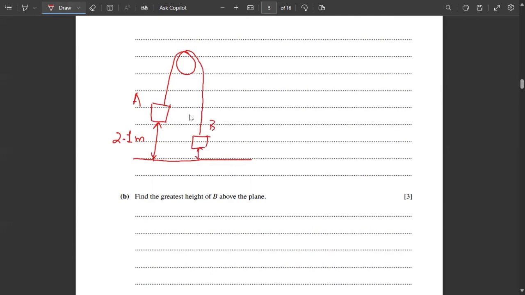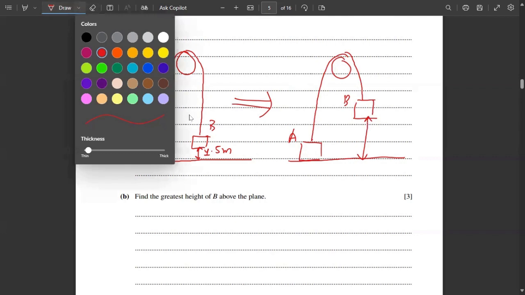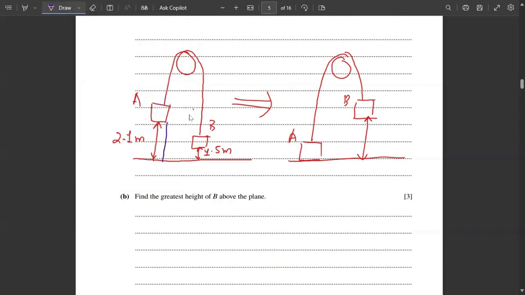B is 1.5 meter above the ground. And now what happens is A reaches down and B comes here. So now what will be the height of B? If A has traveled down 2.1 meter, then B will travel up 2.1 meter. So that means this distance will be 1.5 plus 2.1, which is 3.6 meter.